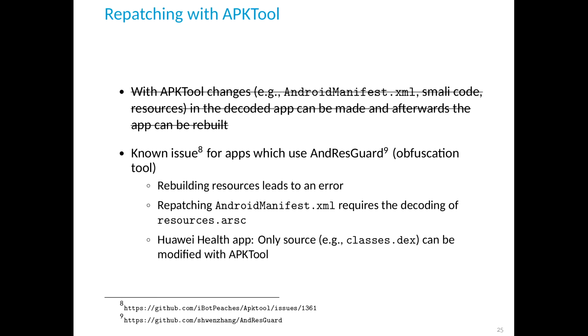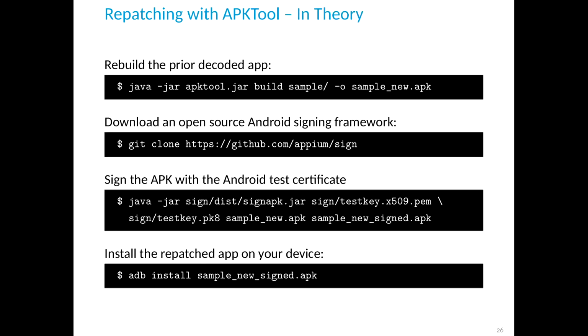But repatching the Android manifest requires the decoding of the resources. So for the Huawei Health app, you can only modify the source code, but not the resources and not the Android manifest. But I think it's very good to know how it works.